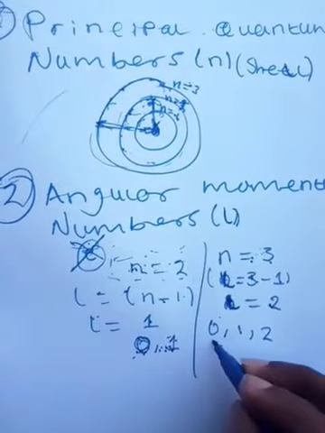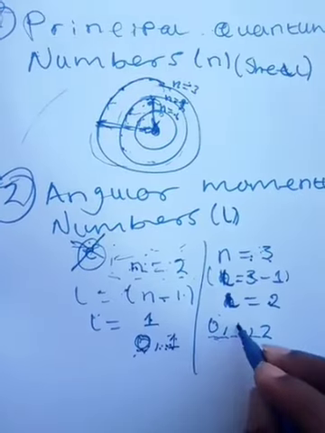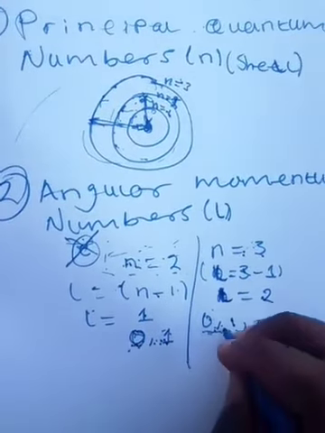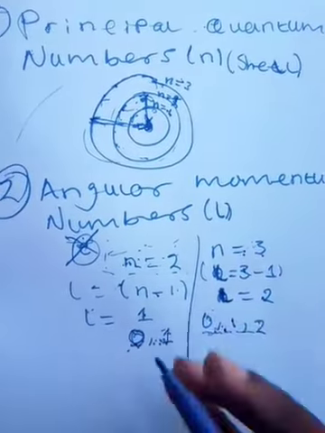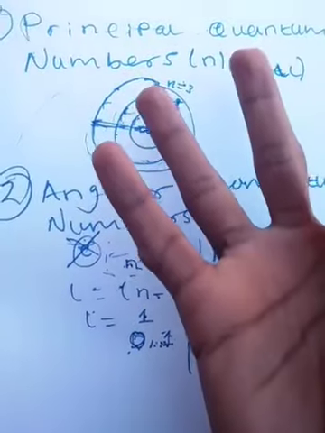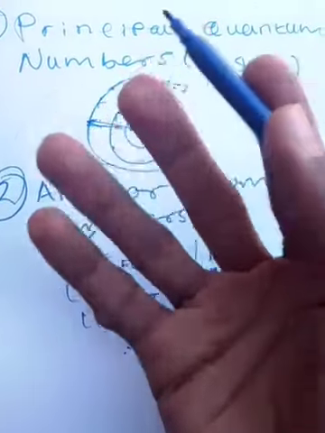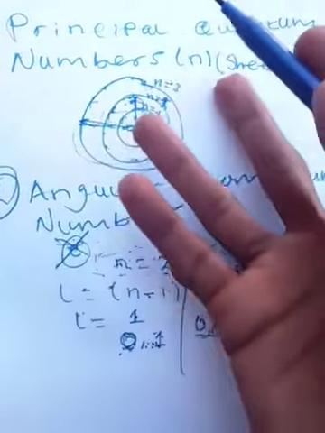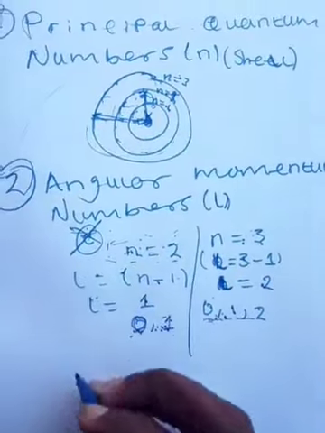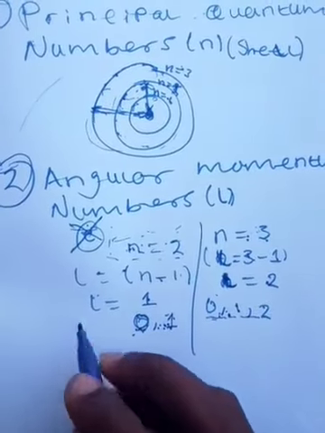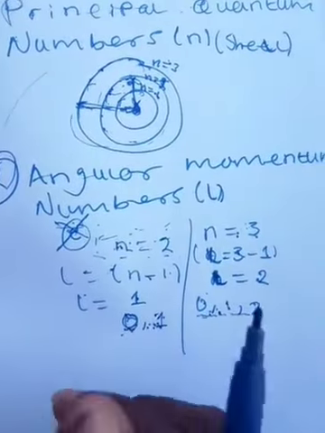So these digits that you're seeing, each digit is representing a subshell. Does that make sense to you? Now, you don't want to be saying this is subshell number 0, subshell number 1, subshell number 2. No, it doesn't work like that. Each digit that we get, always remember, start from 0.